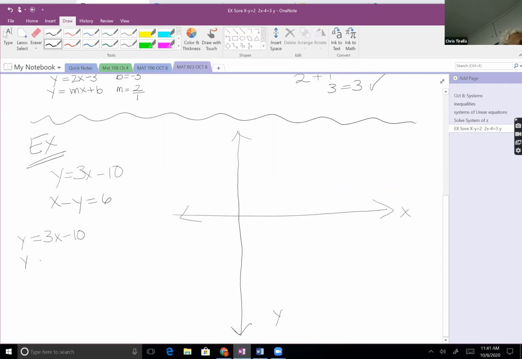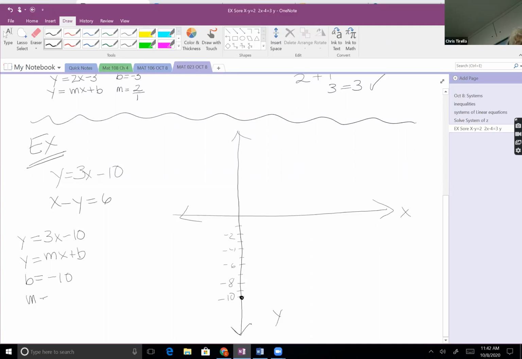Y is already alone, so I'm going to compare that to y equals mx plus b. What would you folks tell me b is? It's the y-intercept. It's negative 10 in this equation, so I'm going to go to negative 10 on the y-axis.